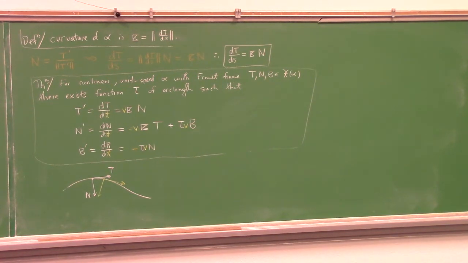But on the other hand, the length of alpha prime cross alpha prime prime is what? The length squared, that's kappa squared v to the 6th. And when you divide those, the v to the 6th cancels, the kappa squared cancels, and you're left with tau. And that's why that formula is true.